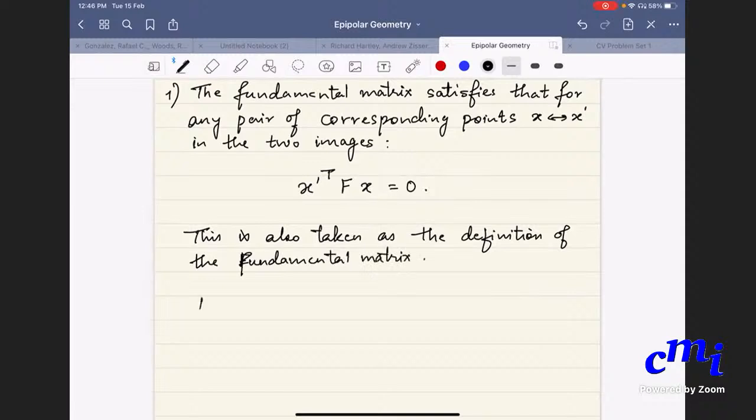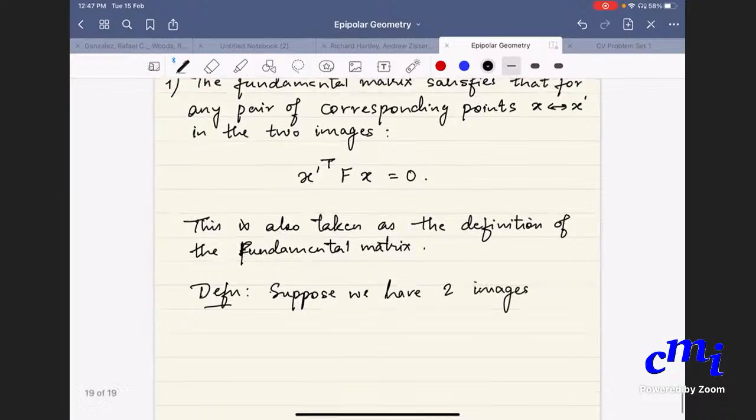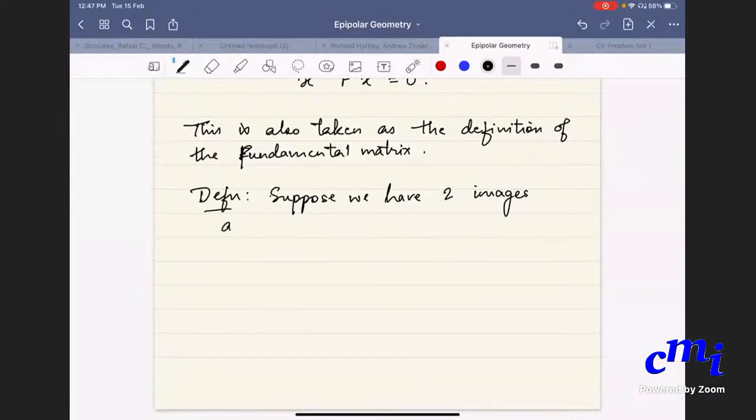We have the following definition. Suppose we have two images acquired by two cameras C and C prime, whose centers are different. They are not in the same spot.